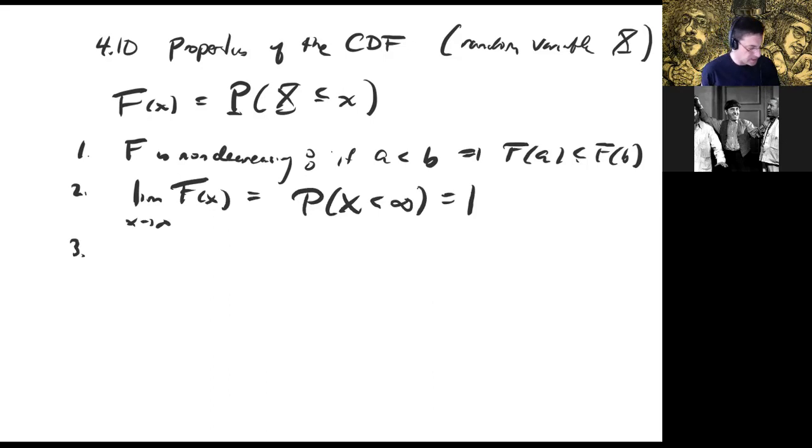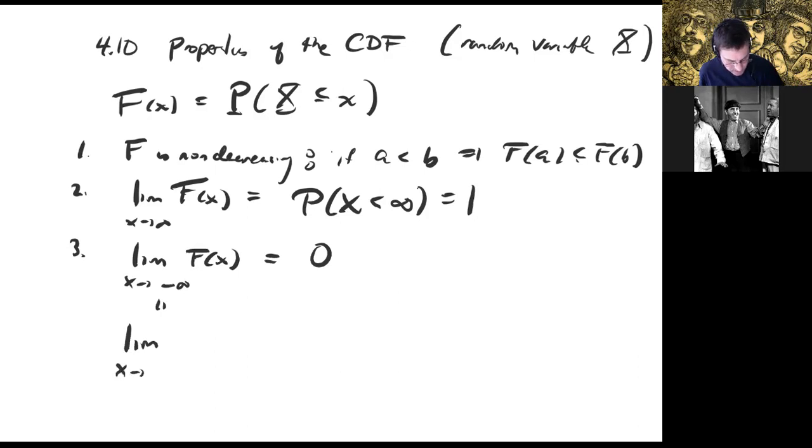Last property that's key here is that the limit as x goes to minus infinity of F(x), well, that's going to be equal to 0, because the events are getting smaller and smaller. By definition F(x) is the probability that X is less than or equal to x.